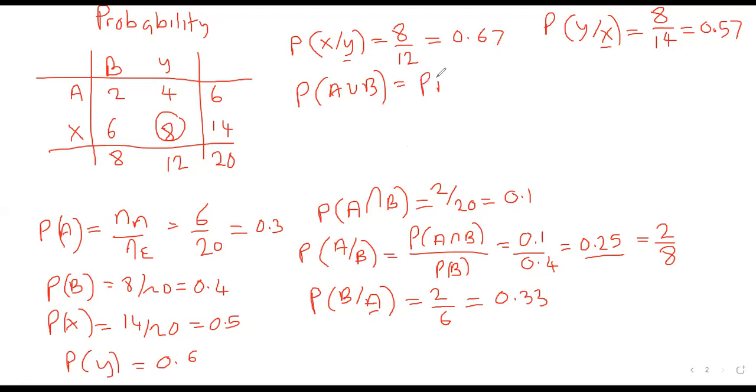Probability of A plus probability of B minus the probability of A intersection B. What's the probability of A? 0.3.